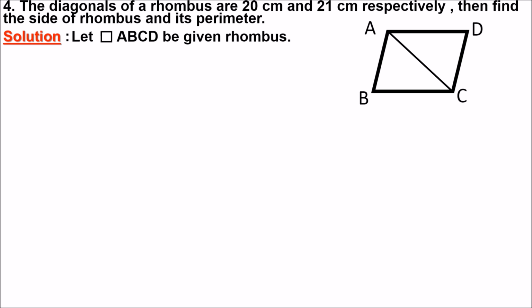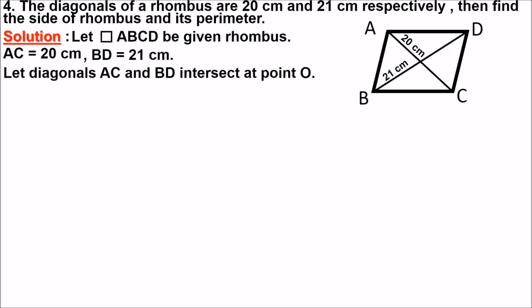So we will draw diagonal AC. You can see in this figure diagonal AC and diagonal BD. Here AC is 20 centimeter and diagonal BD is 21 centimeter. And let both the diagonals meet each other at point O. You can see the point of intersection of both the diagonals is O. Now here segment OA, the blue segment, is half of diagonal AC.